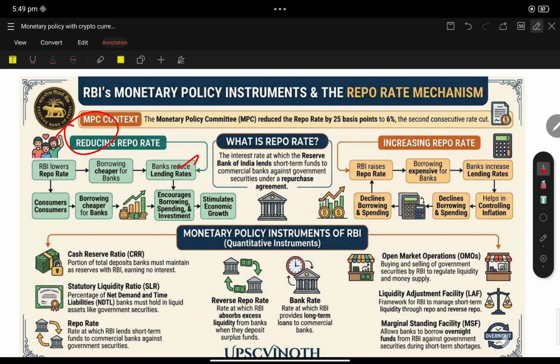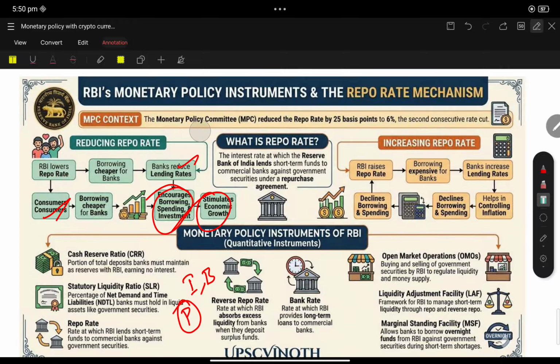If the bank reduces the lending rate, more people will come to borrow money, so consumers borrow more. This encourages borrowing, and when borrowing increases, investment and business also increase, the purchasing power of the people increases, and the economy is stimulated. When the repo rate is reduced, economic growth will happen.